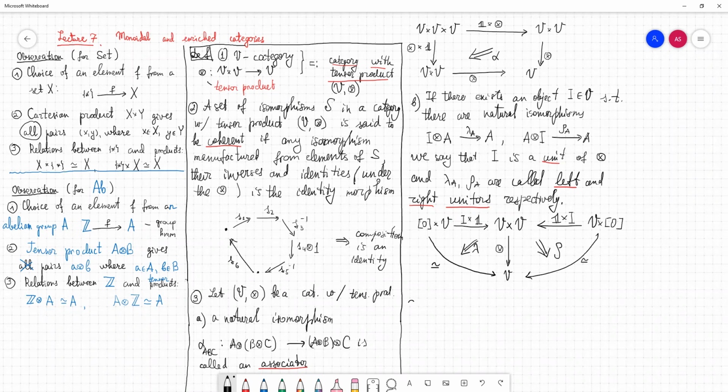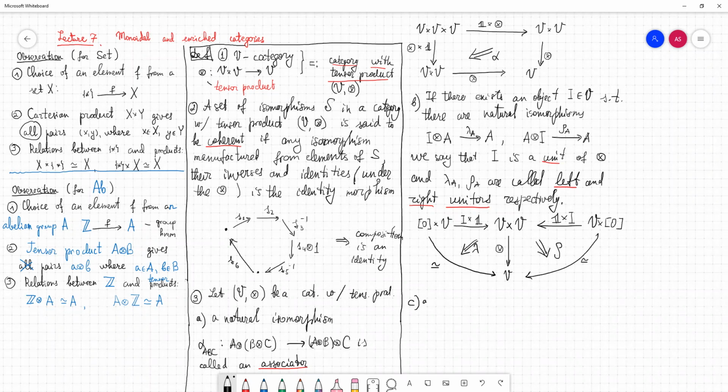Okay, and part C. It will be about a so-called braiding. In certain categories it is present, in certain categories it is absent. But in all the examples that we will be looking at, it will occur.